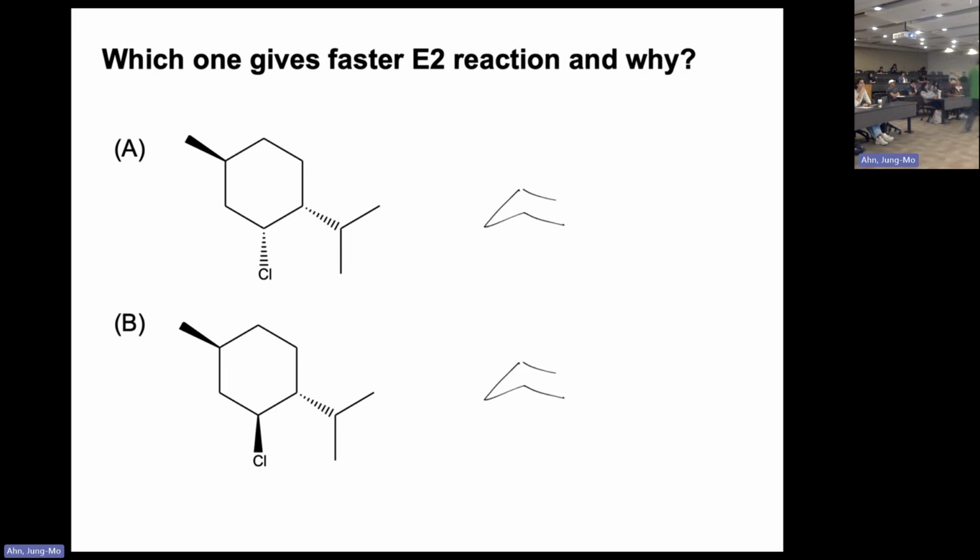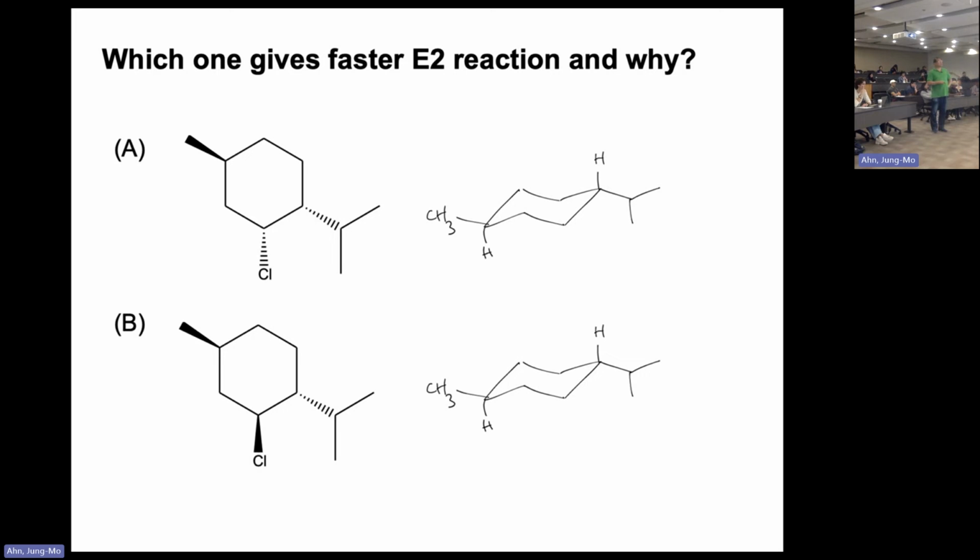Well, you're probably going to draw out the most stable chair conformation, right? Cyclohexane doesn't exist as a hexagon in 3D. It's going to be cyclohexane in chair conformations. And obviously, when you do that, the bulkier group will be best in the equatorial position. I know this is not a tert-butyl, but still, the isopropyl going equatorial means more than the methyl going equatorial. Anyway, this is going to be equatorial, and that's going to be equatorial.